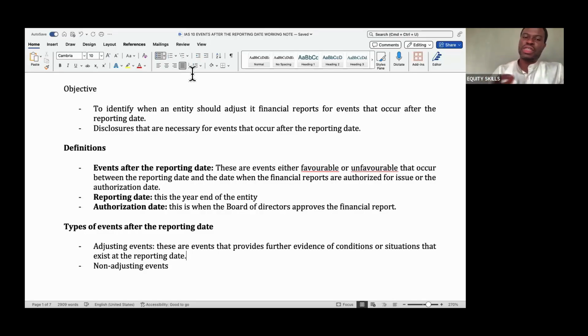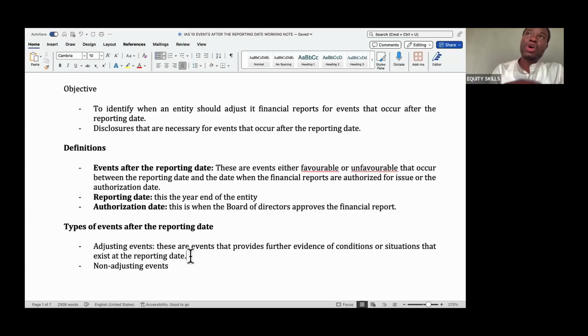This is an adjusting event because the fact that we now know he has gone bankrupt only confirms the condition that was already existing. This guy does not have money to settle.